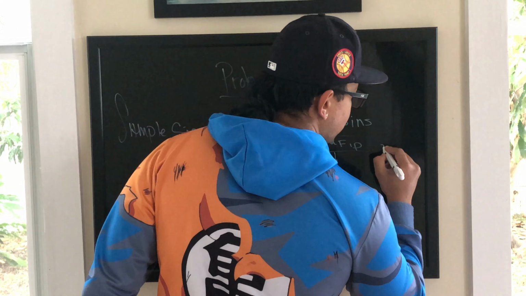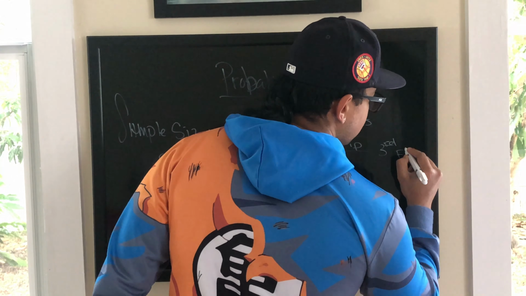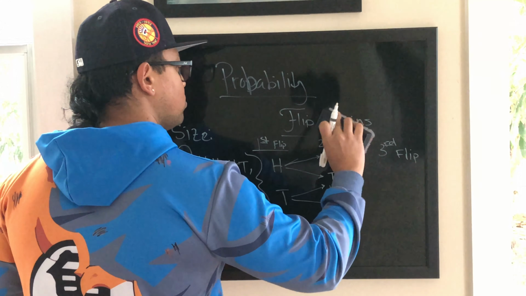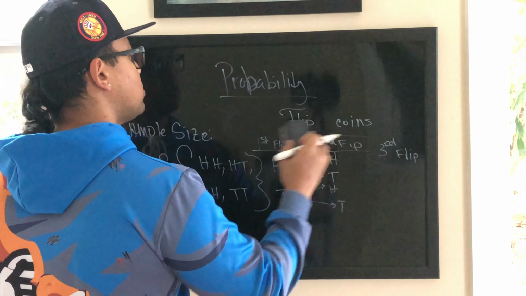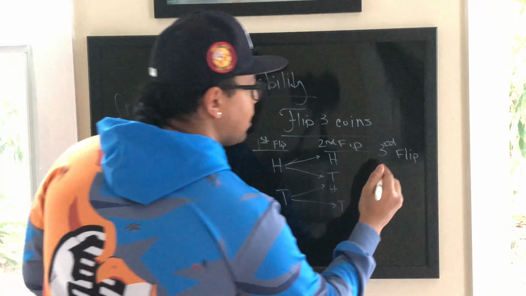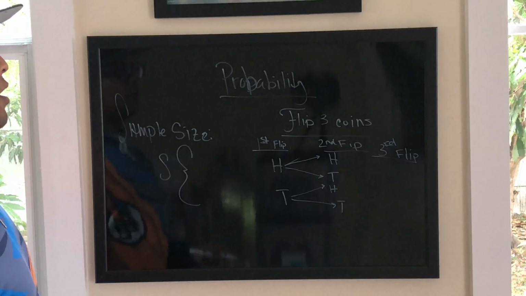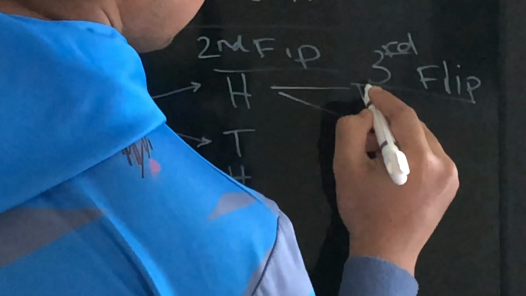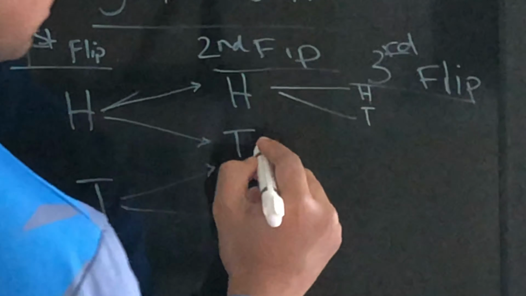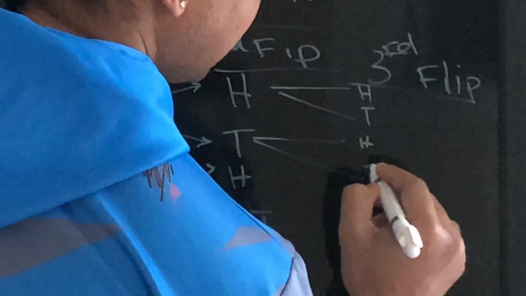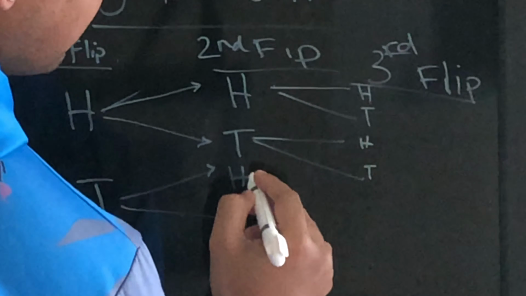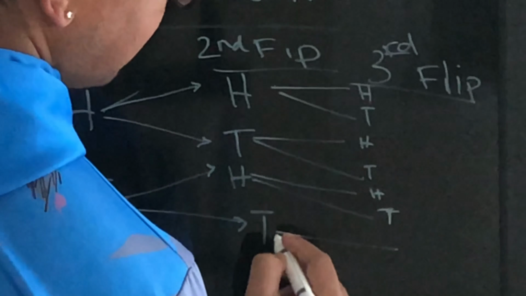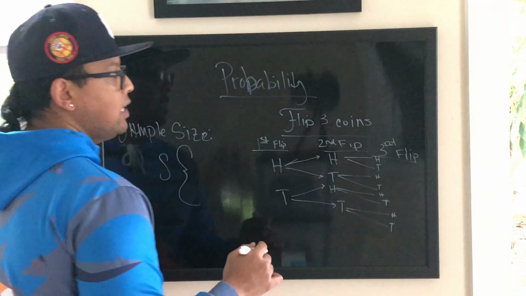Let's go with 3 coins, the third flip. Now the third flip, you can get heads and tails, and from the tails side, you can also get heads and tails. From this heads side, you can get heads and tails, and from this tails side, you can get heads and tails as well. Now the key is what you want to pay attention to.